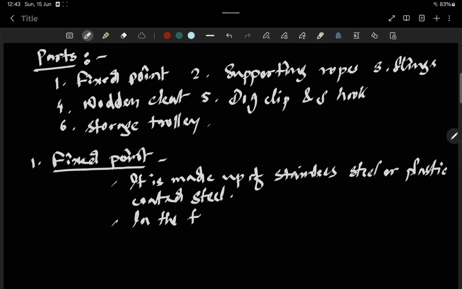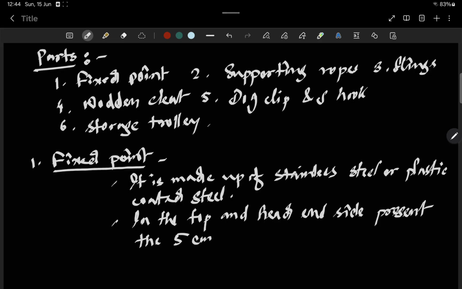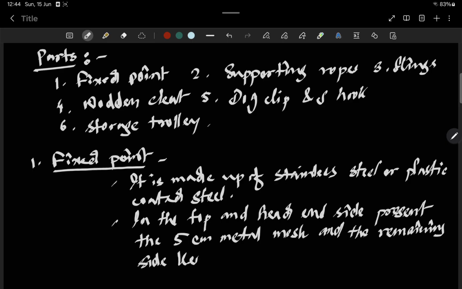In the top and head and side, a 5 centimeter metal mesh is present, and the remaining side is kept open.